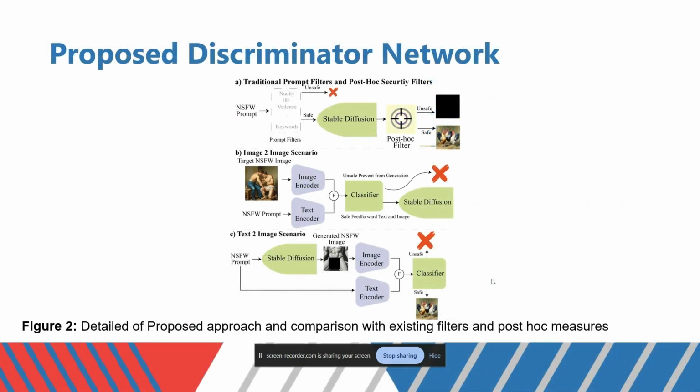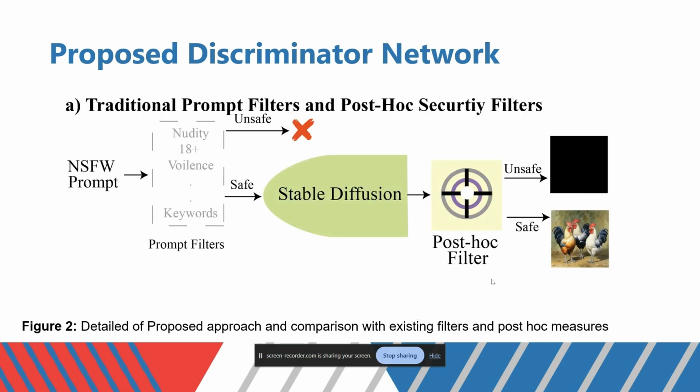So let's discuss the existing defense mechanism for text to image models. Let's say there is an NSFW prompt.